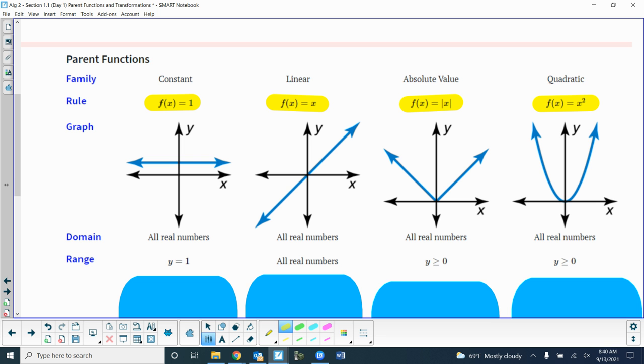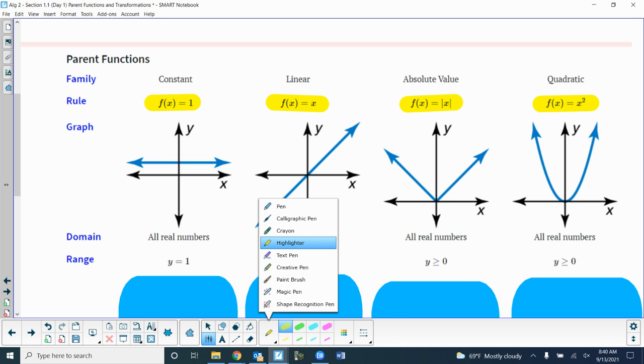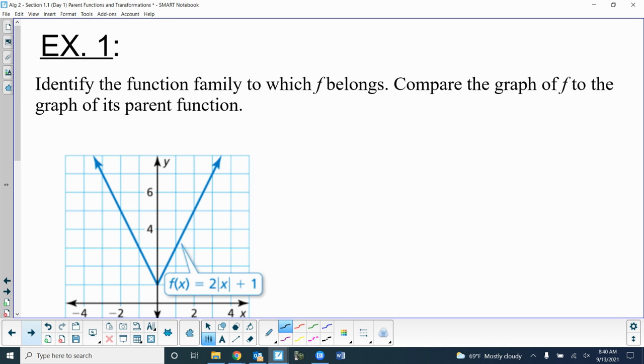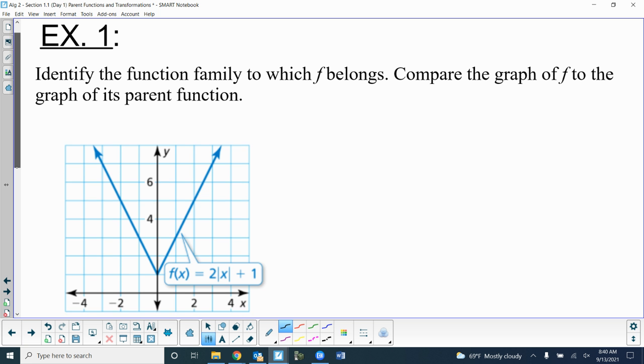You also have a graphing calculator that does that for you, right? So you can look at it, and then you can look at the table of values through your graphing calculator as well.